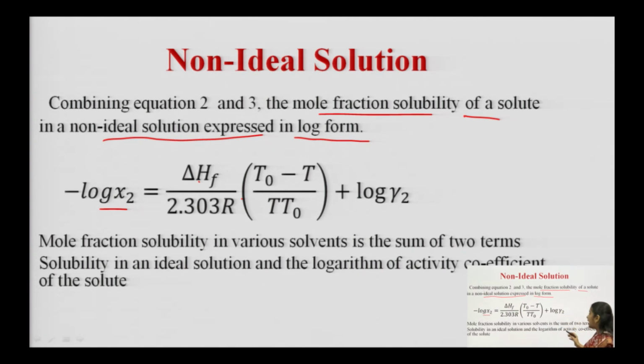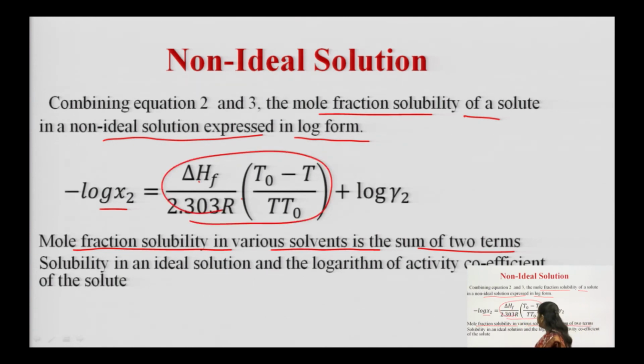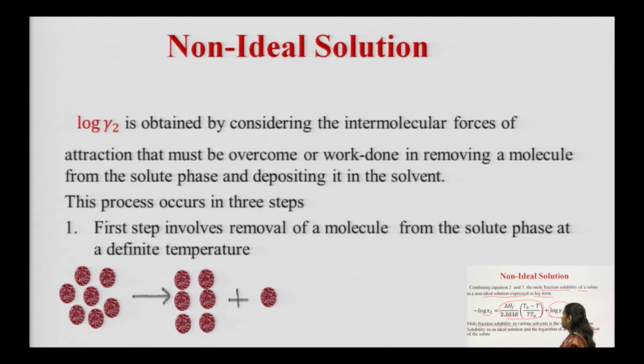If it is an ideal solution, in place of gamma 2 we put 1, so log 1 is equal to 0. So, we can say that the mole fraction solubility in various solvents is the sum of two things: the solubility of the ideal solution and the logarithm of the activity coefficient of the solute.